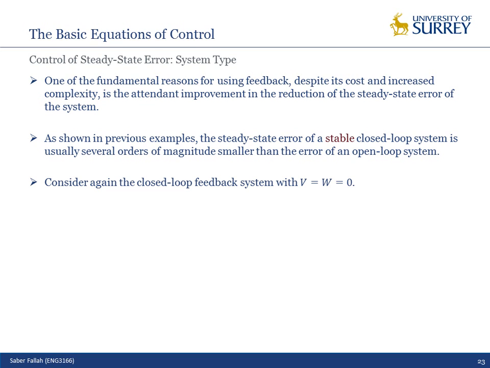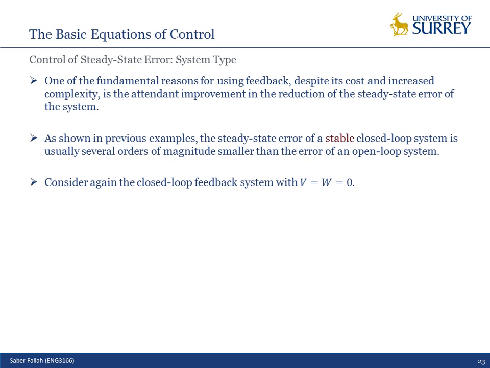Now, we are looking at the output with respect to the reference input. According to the superposition principle, we can assume V equal to W is equal to 0. We know the closed loop system can reject the disturbance and parameter changes well, or improve the robustness. So in the control design, we will focus on the design for reference tracking.